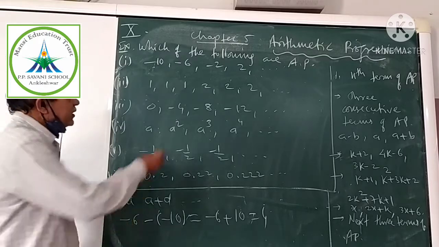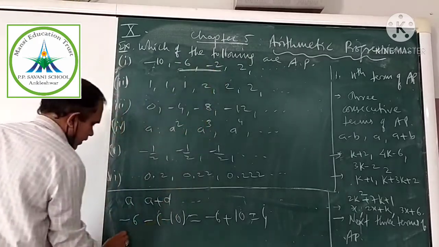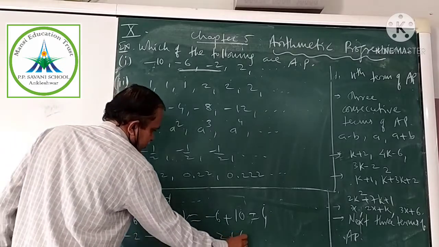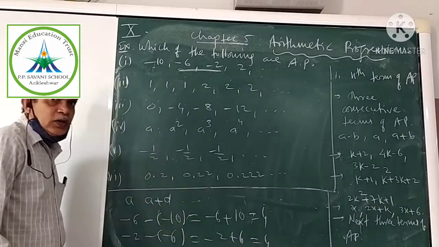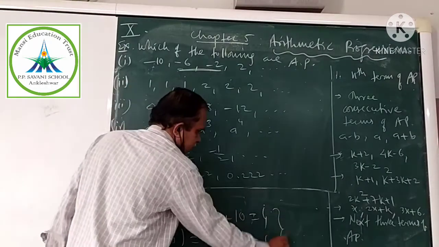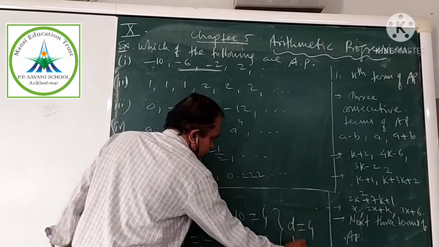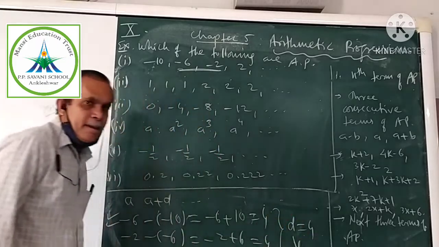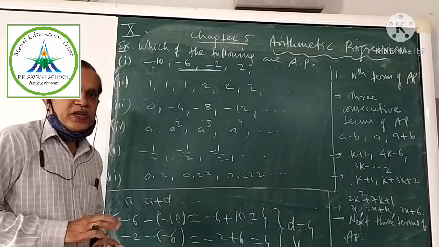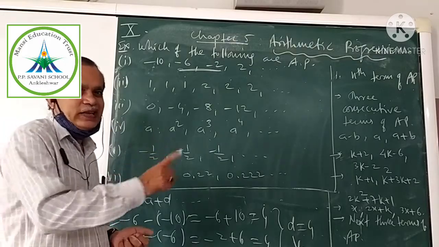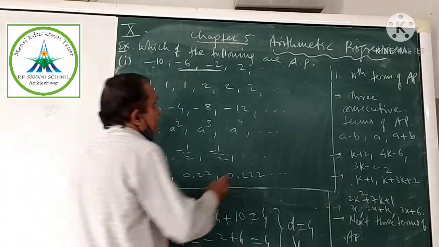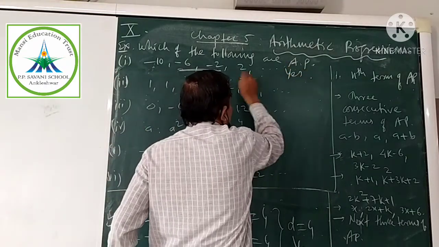Next, minus 2 minus bracket minus 6 gives minus 2 plus 6, which is 4. Trying only two pairs, you get the common difference D equal to 4. That's all. This is only to check ourselves: are we able to state in seconds whether it is an AP or not? So this is an example of an AP.